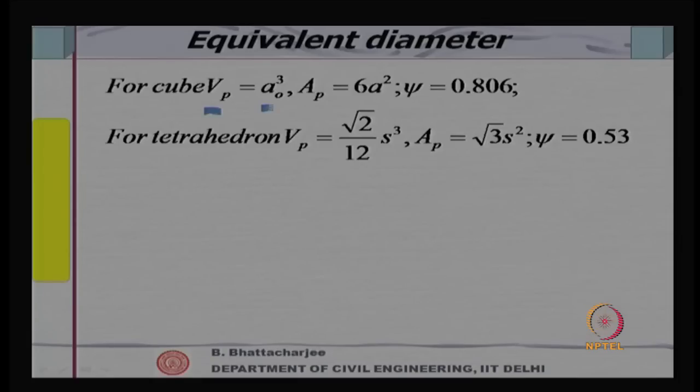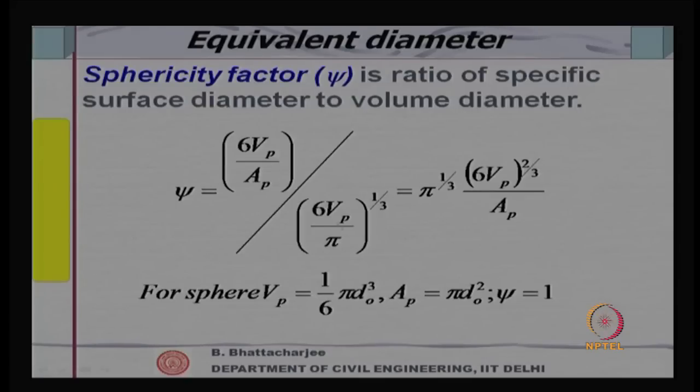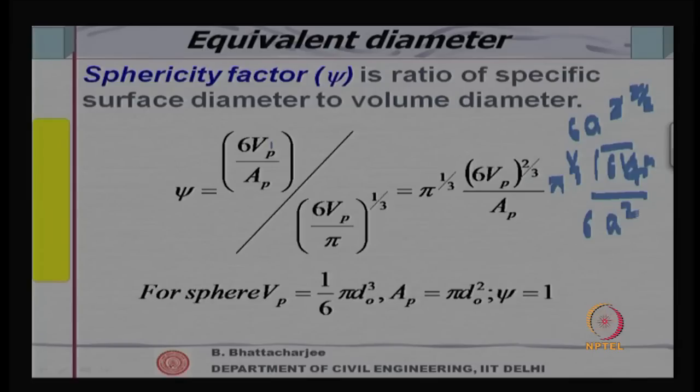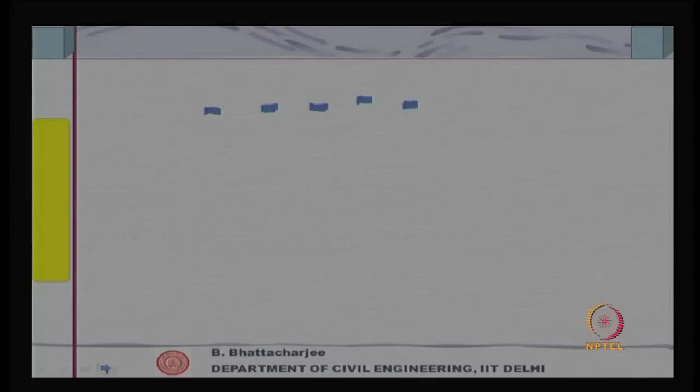For a cube, volume Vp is a cube, AP is 6 a square, and this will turn out to be 0.806, because if we go back to the formula, Vp by AP, with Vp being a cube and AP being 6 a square, if you finally calculate, this turns out to be 0.806.